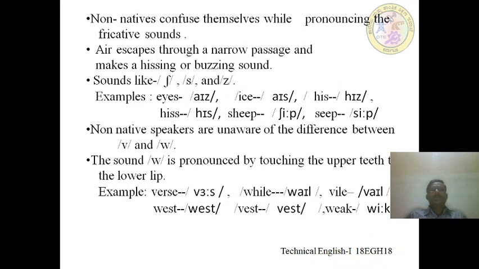Non-native speakers are unaware of the difference between V and W. The sound V is pronounced by touching the upper teeth to the lower lip. Upper teeth to the lower lip.